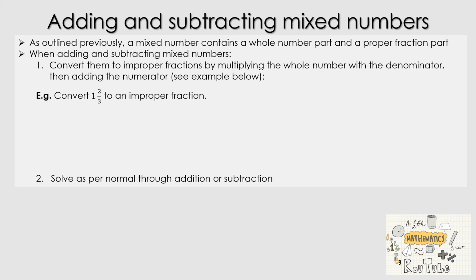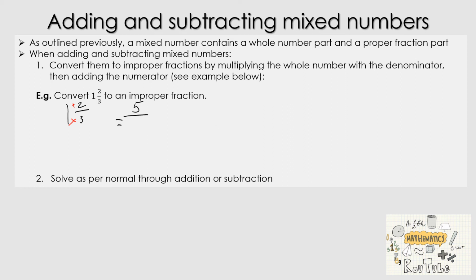So the example is convert 1 2/3 to an improper fraction. So I'm just going to write it down here. So we've got 1 2/3. So it says convert them by multiplying the whole number with the denominator. So the whole number is 1, so we're going to multiply the 1 and the 3, and then we're going to add the 2 at the end. So 1 2/3 becomes 1 times 3, which is 3, plus the 2, which becomes 5.